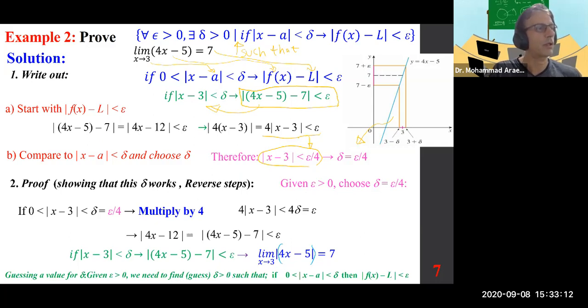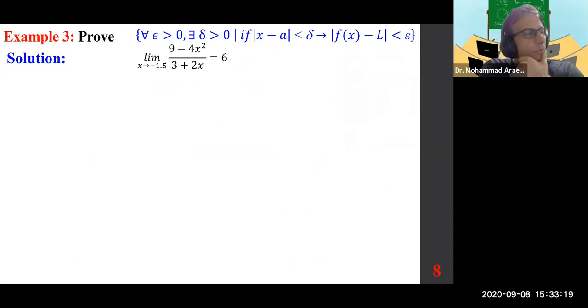Here's the next question we're going to look at, everybody. I'm choosing something that is a little bit more involved. And again, remember the process: find the relationship between delta and epsilon. Number one, your f of x is 9 minus 4x squared over 3 plus 2x. Number two, x is approaching a, which is negative 1.5.